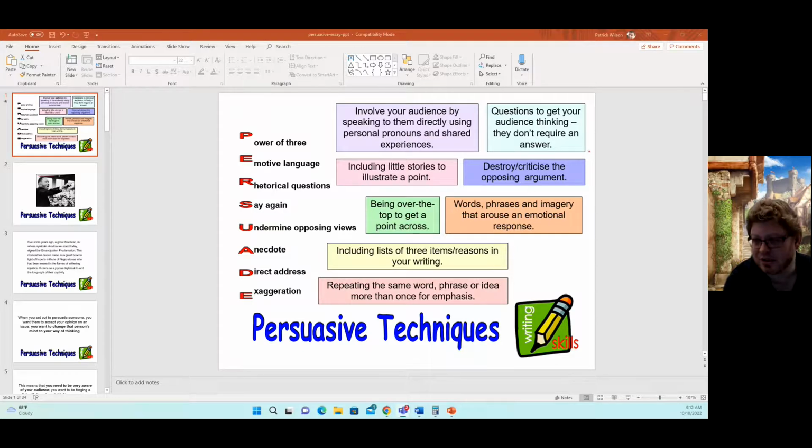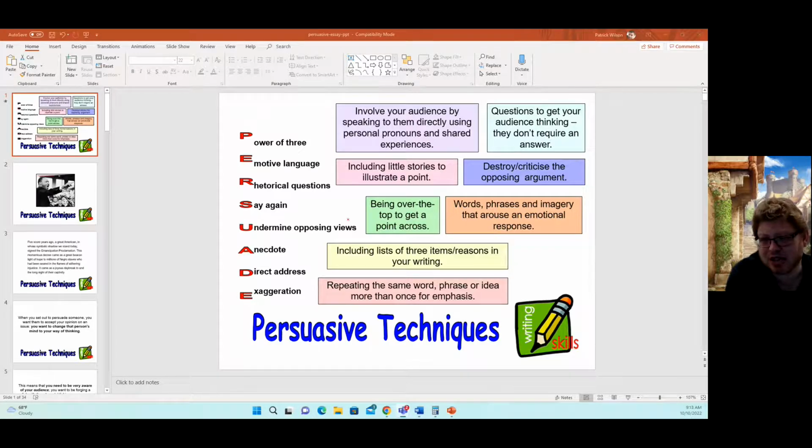This is really good if you can do this. Depending on your topic, if you have a pro and con, well, what are other people saying about the cons? Can you destroy them? Can you refute them? To make your persuasion better.